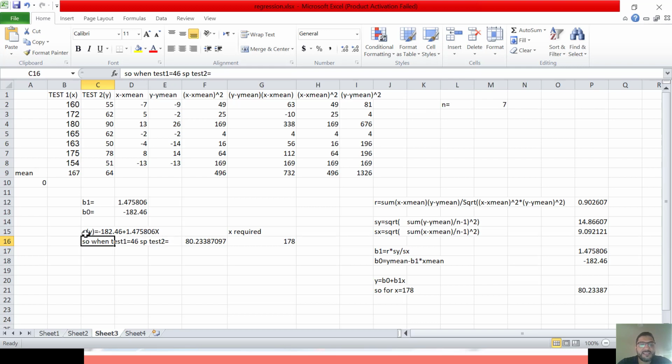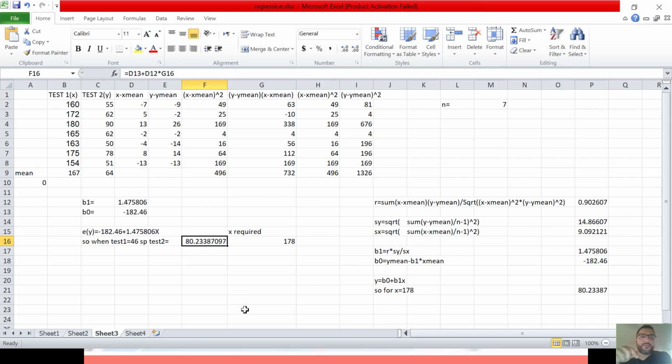Since this is our function, if I want to get the value for any unseen x, for example, I don't have 178 here, so if the input is 178, I'm going to apply this value in this equation, and this is what I did here. I just said b naught plus b1 multiplied by 178, and I get the output.